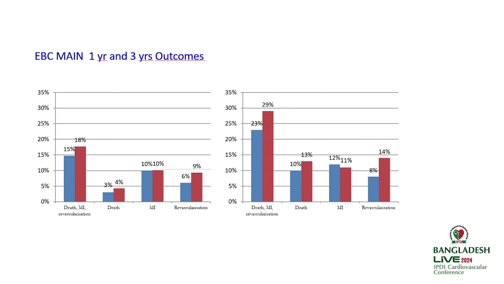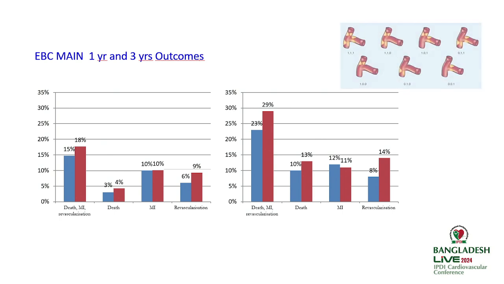And if we look on the outcome depending on the selection, depending on what we have mentioned before, that means on Medina classification, you can see that the EBC MAIN trial has shown that one or two stents will do the same.